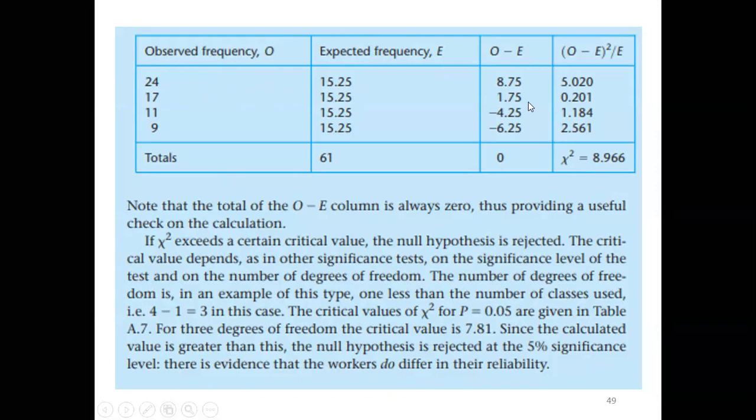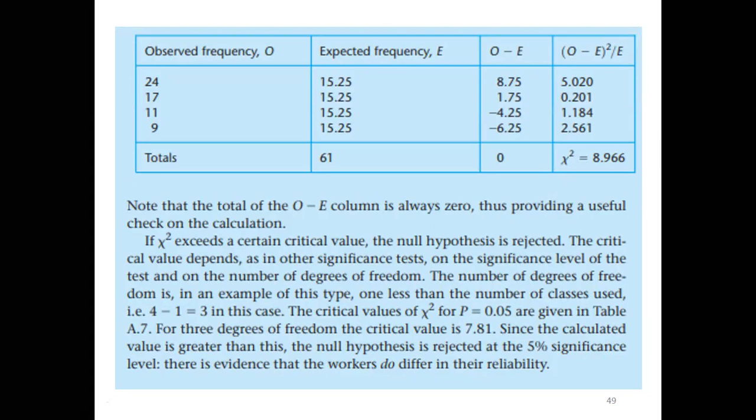Then we can calculate those differences, calculate the square term, and divide by the expected value again. So we will end up with this number. And the chi-squared value equals the summation of all 4 numbers. So that is the chi-squared value.